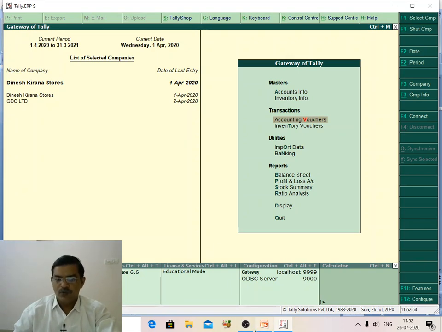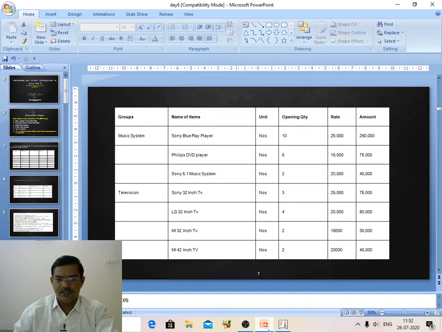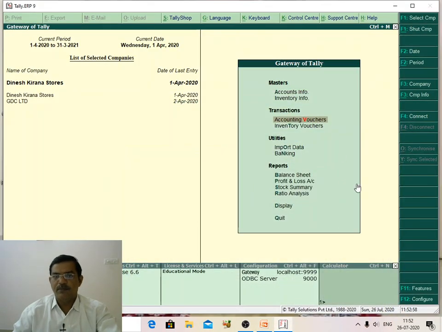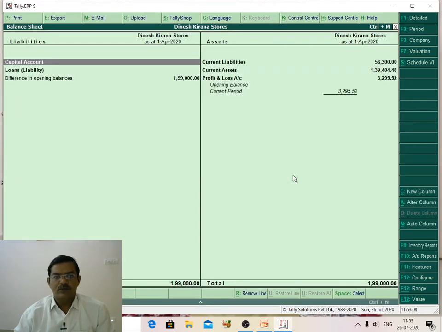If you have any queries, I will show you the balance sheet and the profit and loss account. How can we see the balance sheet? Go to the Gateway of Tally screen and use Profit and Loss Account and Balance Sheet. Here there are liabilities and assets. In the asset category there are two types: current assets and fixed assets.